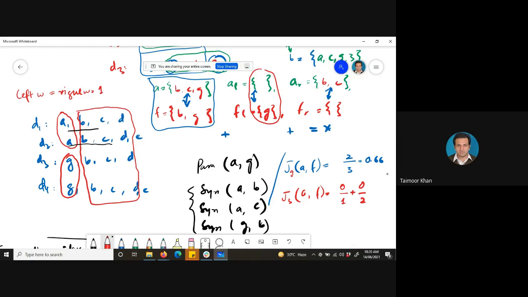So we have B and C over here as the right context of A, and there is nothing to the right of F, so there is no overlap, intersection में कोई item नहीं आया, and this is the score. And for the general context, as we have already identified, it's going to be 2 by 3. So both the scores in this case are going to be identical, that is 0.66.